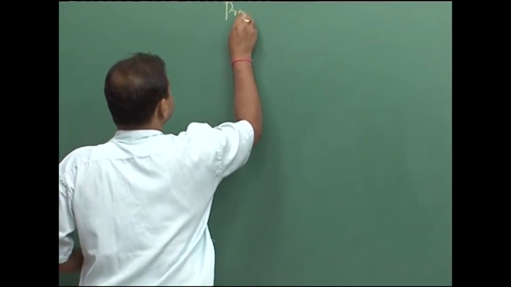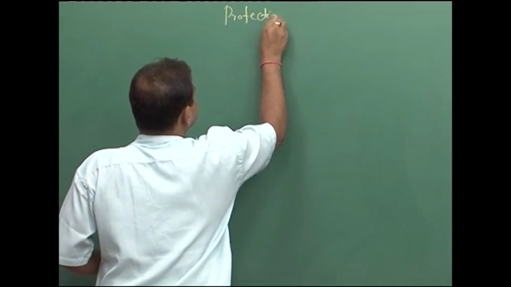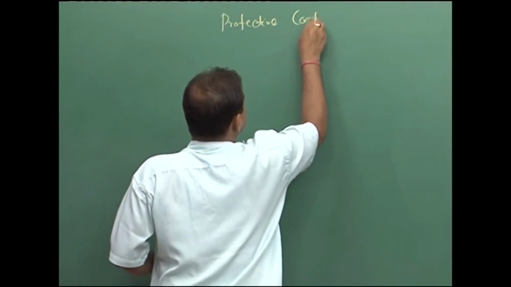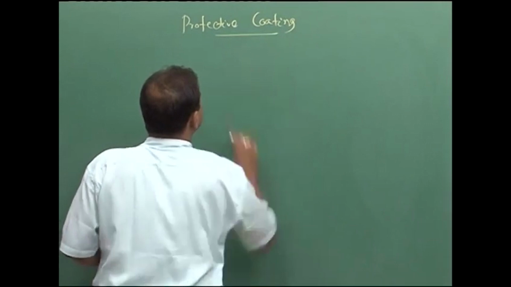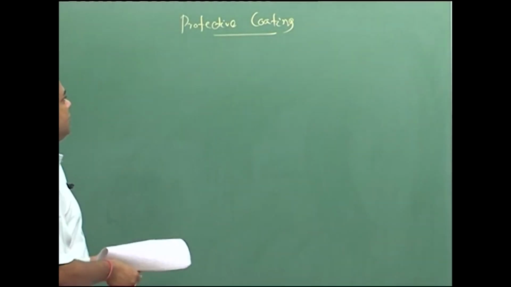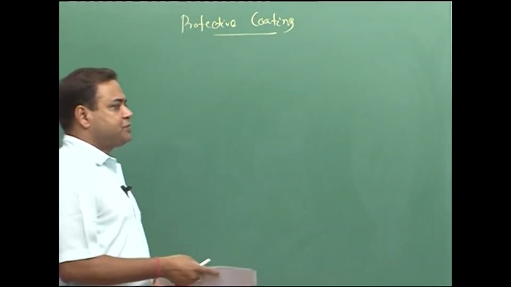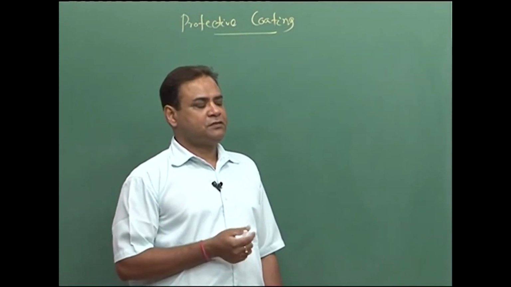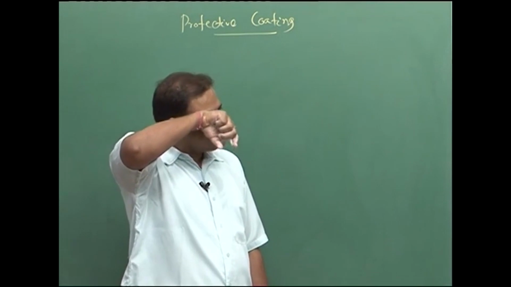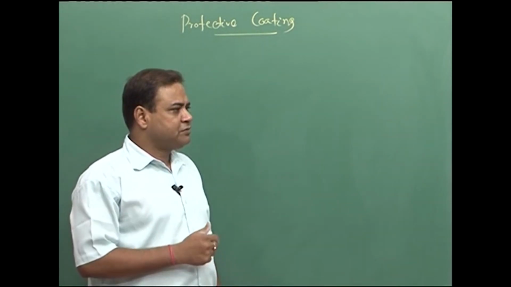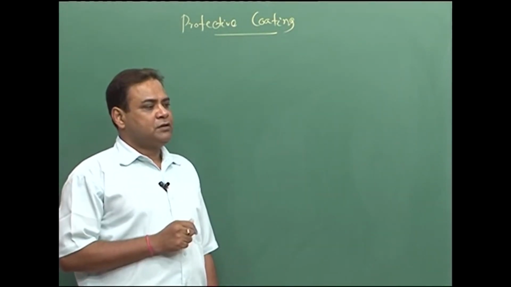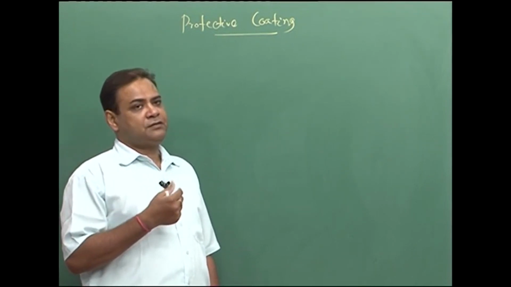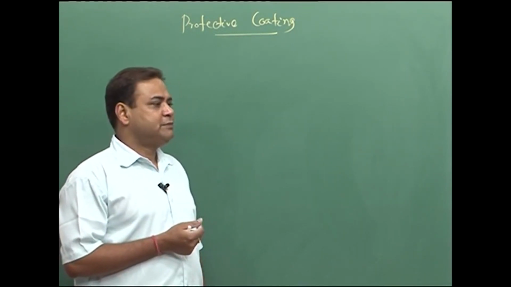Let us discuss protective coating. The purpose of coating is mainly to improve the corrosion resistance or the wear resistance of the metal surface, and there are other effects. For example, with a coating we can improve the fatigue property of a metal.